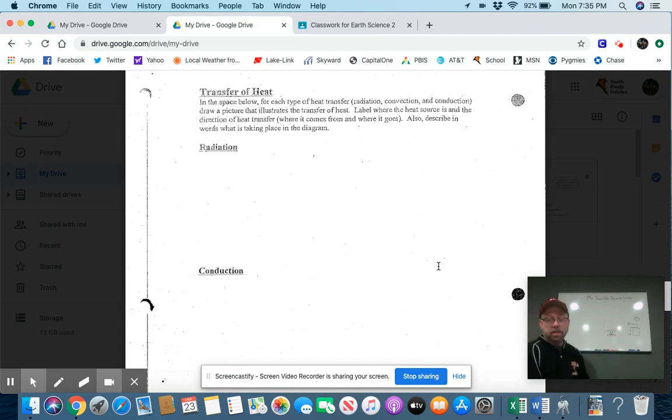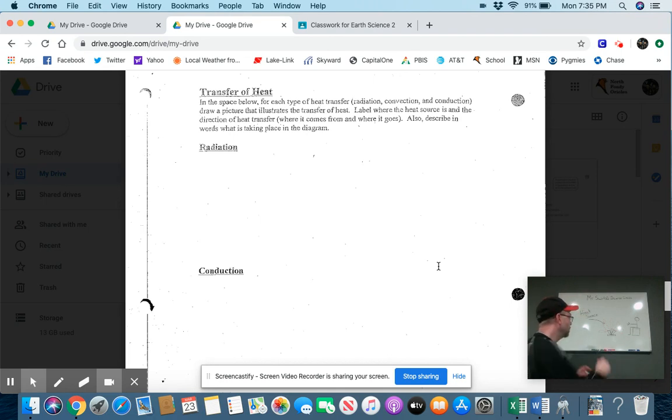Radiation. How does this picture describe radiation? Well, one of the things that I have to label for that assignment that's on the screen right there is the heat source. And obviously, you can see that the flames in this example would be the heat source. Secondly, I need to show the direction of the heat transfer. So the heat is going from what to what?